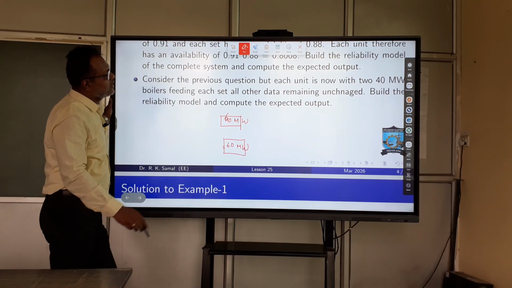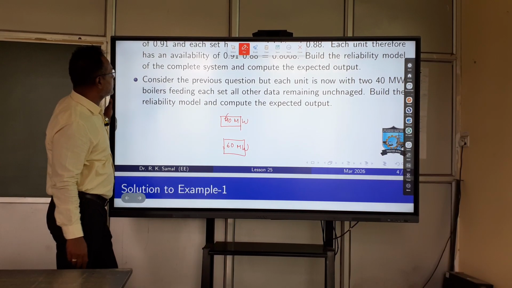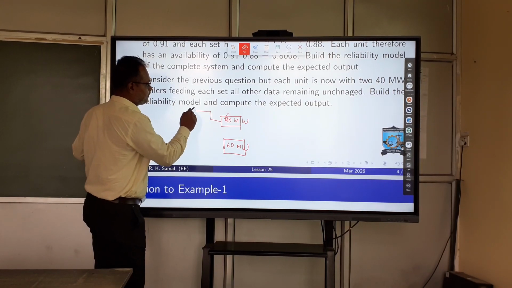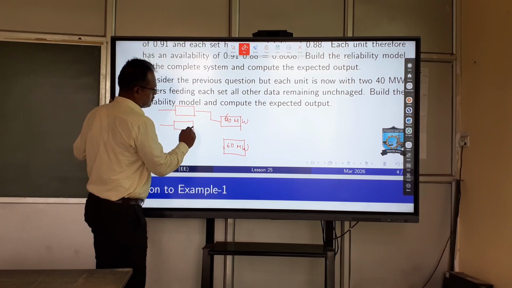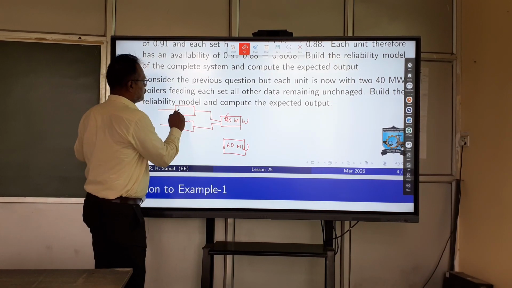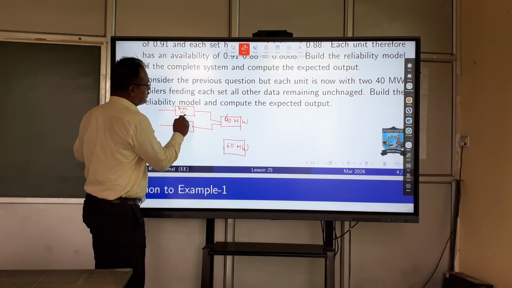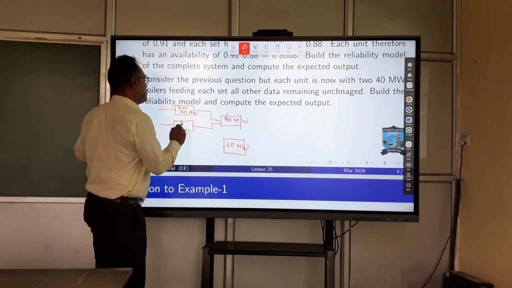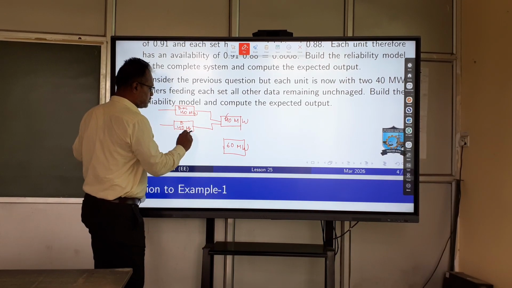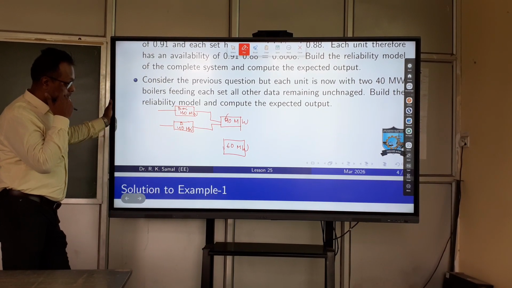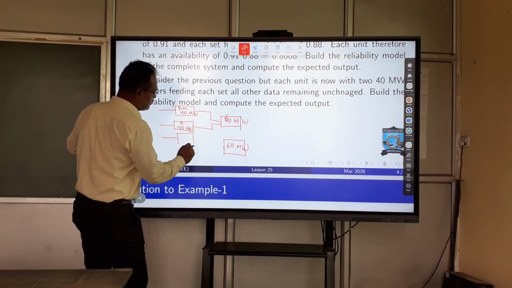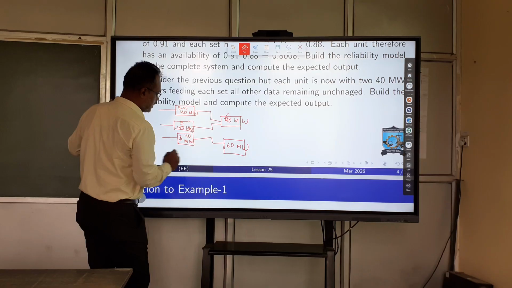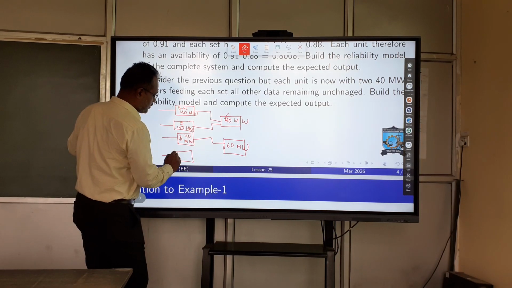Consider the previous question, but each unit is now with 40 megawatt boilers. So you have a boiler of 40 megawatt. Again, this unit also has boiler and generator.